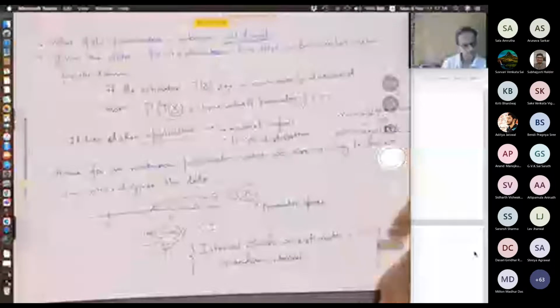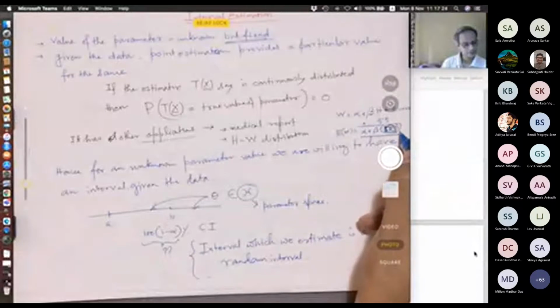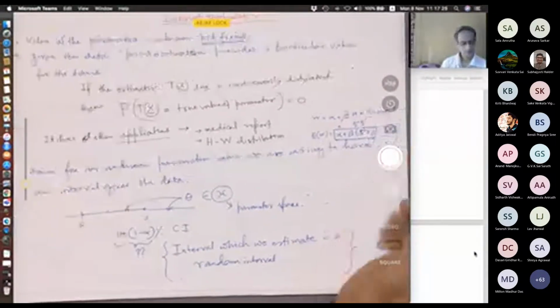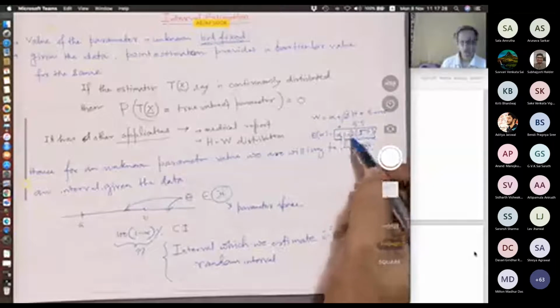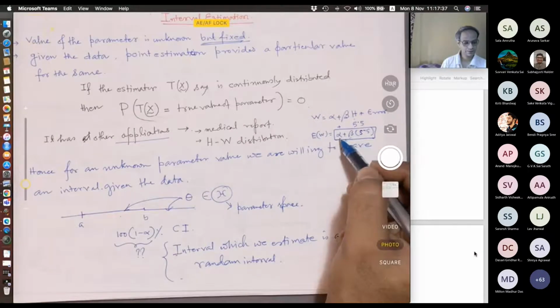Now we are willing to have a confidence interval of this number, where alpha is not known and beta is not known. We have to estimate alpha and beta from the data, and they will have their own distribution.